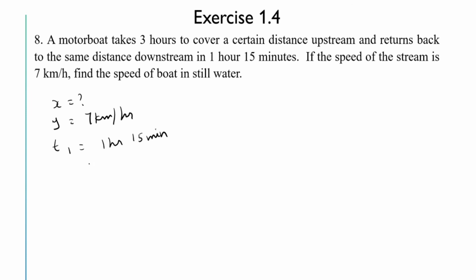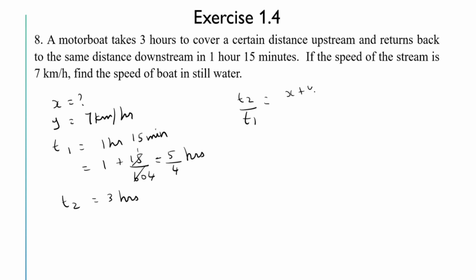So let us convert this to hours. So it is 1 plus 15 by 60. So this is equal to 5 by 4 hours. The time taken upstream is given as 3 hours. So we know the formula, T2 by T1 is equal to (x plus y) by (x minus y). So from this we can find x. So 3 divided by 5 by 4 is equal to (x plus 7) by (x minus 7).